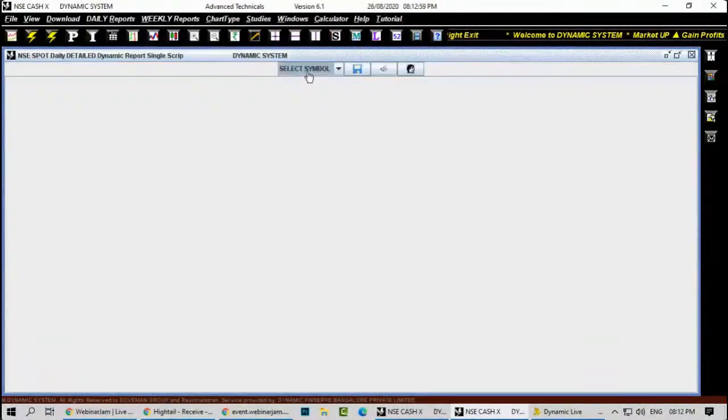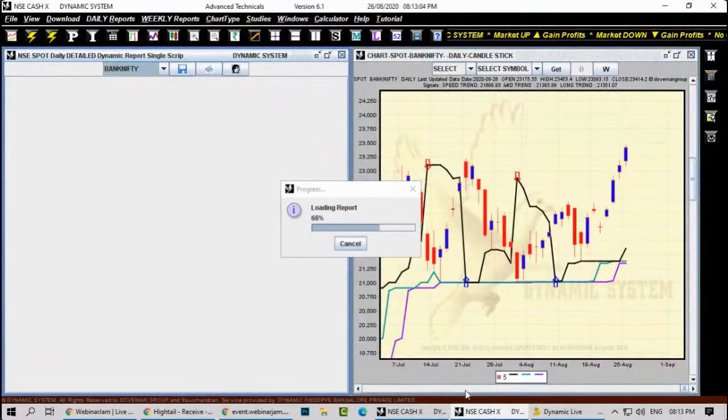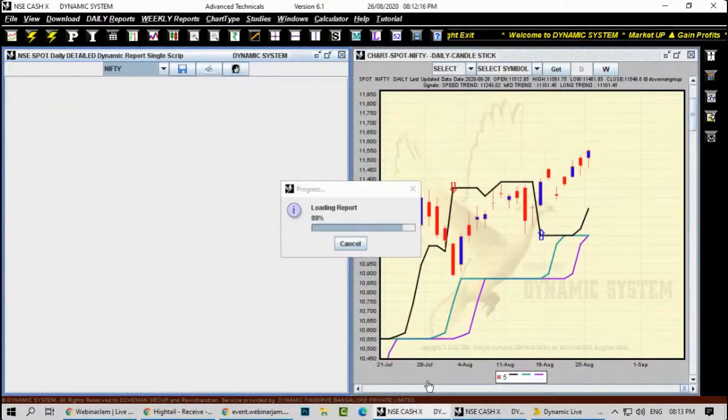And let's also open the detailed report of Bank Nifty. So until Bank Nifty detailed report opens, by then I think Nifty would have already opened, or it is about to open. As the detailed report opens, let us see the chart.